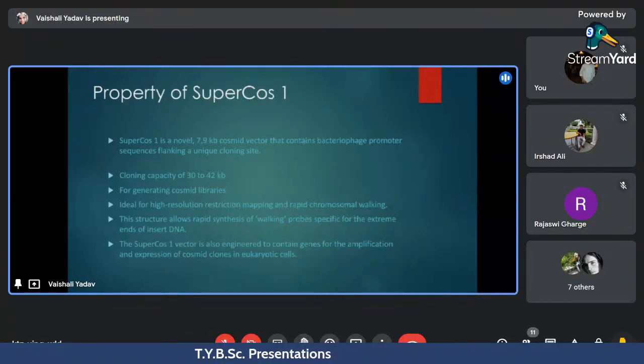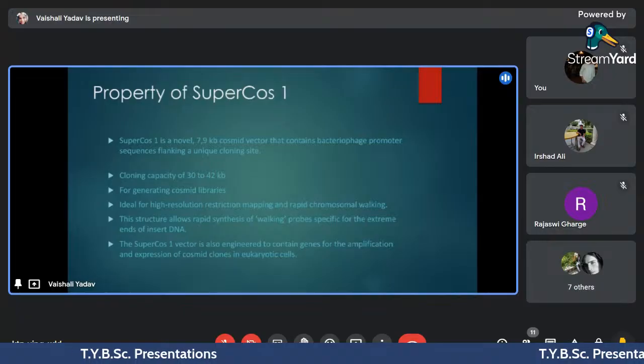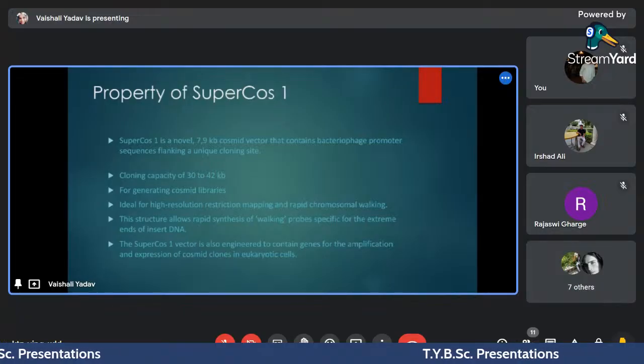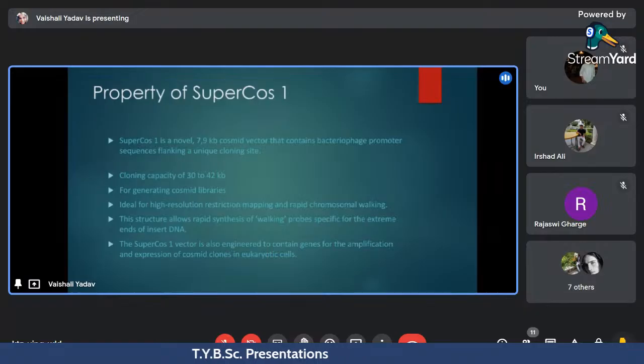This structure allows rapid synthesis of walking probes specific for the end of the insert DNA. The supercos1 vector is also engineered to contain genes for the amplification and expression of cosmid clones in eukaryotic cells.